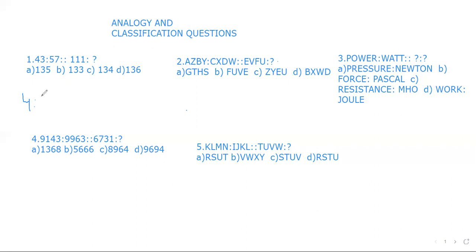Suppose I have given you 4 is to 16 as 5 is to question mark. In this problem, 4 becomes 16, so 5 will become 25. Yes or no? Because 4 squared is 16. From here we can get a pattern. 5 will become 25, and if I give you 6, it will become 36, because the pattern here is the square of the number.